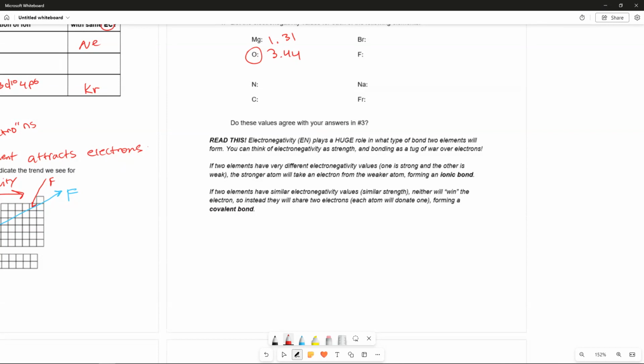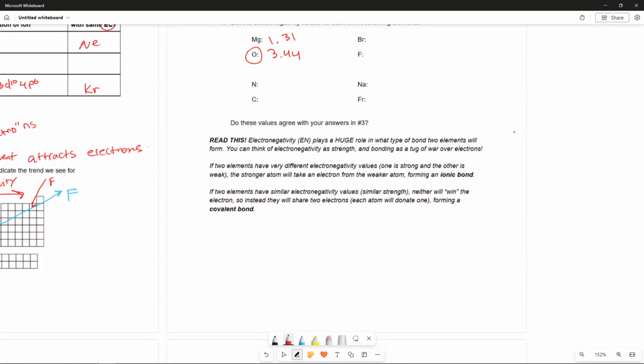What the ionic bond means is that the electron is going to be stolen from the weaker atom. Now, if you have a covalent bond where it's like 0.5 or 0.4, 0.3, the electronegativity differences are kind of small. That means the elements are kind of half and half with the strength. Neither wins, they share it, right? And we see this happen with covalent bonds and covalent compounds.